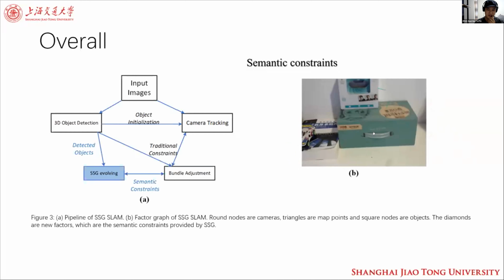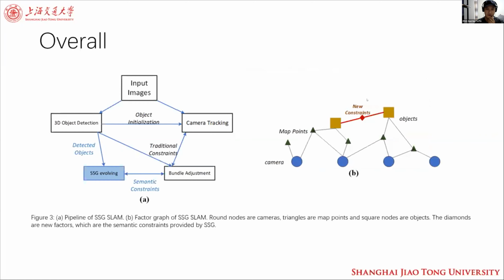However, we directly add constraints among the objects, which provides the potential to improve the estimation of object poses. And the overall pipeline is shown here in figure 3a.